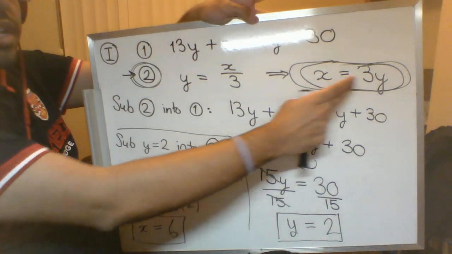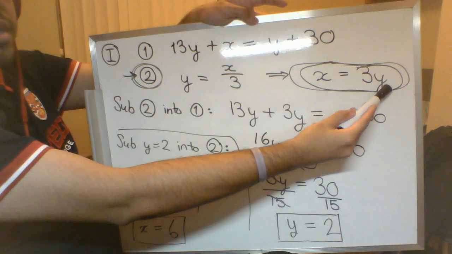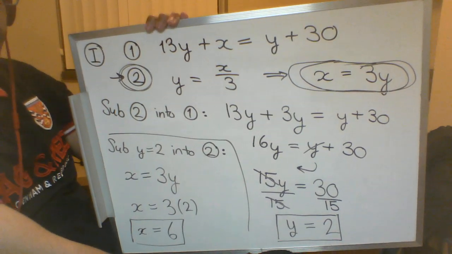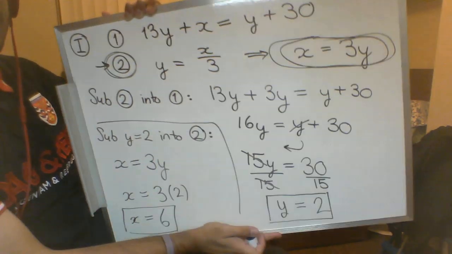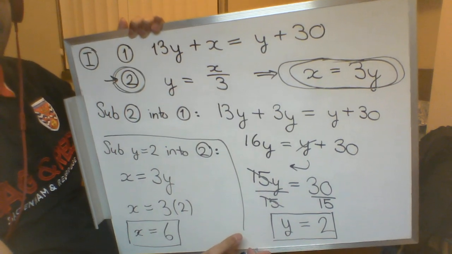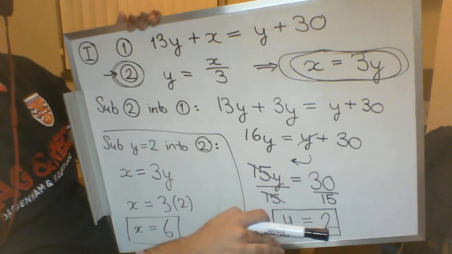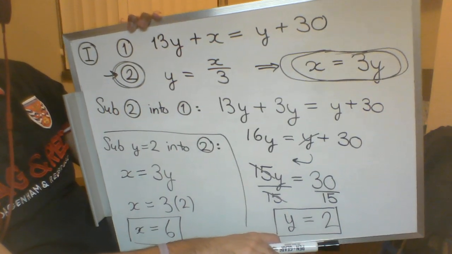Or you could check it down here as well, that if y is equal to 2, x should be equal to 6. That one's much easier to check just off the top of your head. But just double check your answer, make sure it makes sense with the equations that you've been given. It's a really good way to make sure that you're on the right track with your solution.